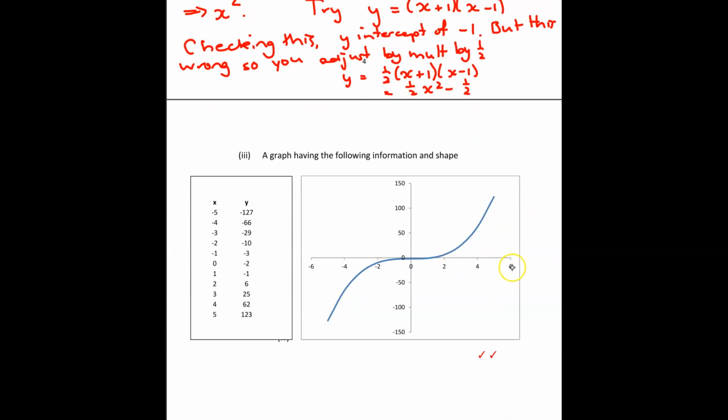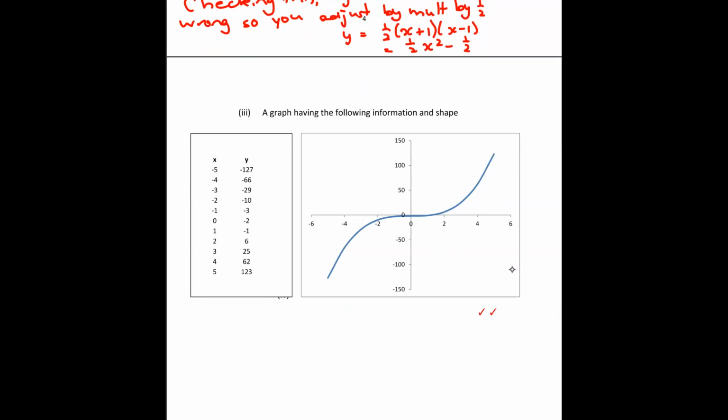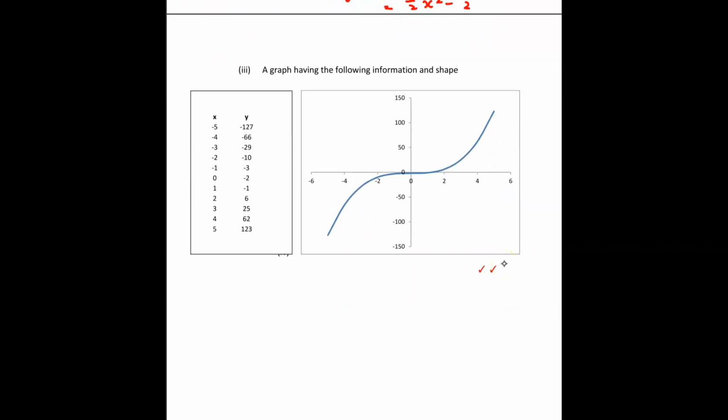The third part of the question, which a lot of you didn't do, was really a matter of going, okay, I recognise that shape. I recognise the shape as that of a cubic. So try y equals x cubed.